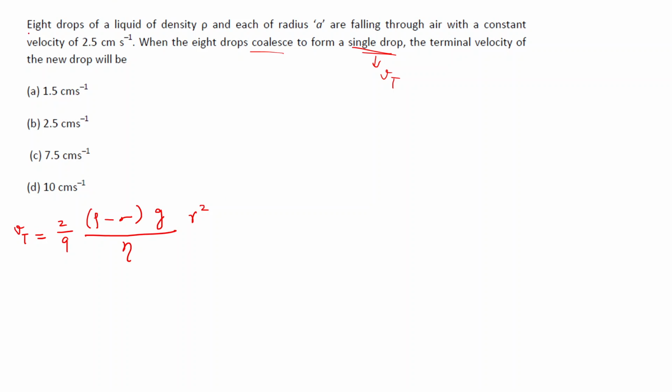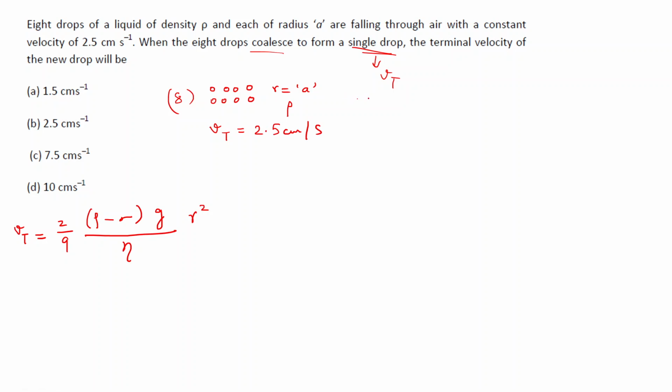What we have been given is that 8 small drops are all falling in the air with their radius A, and their density is rho, and they are 8 in number. They are falling with constant velocity, that means it's a terminal velocity of 2.5 centimeter per second.